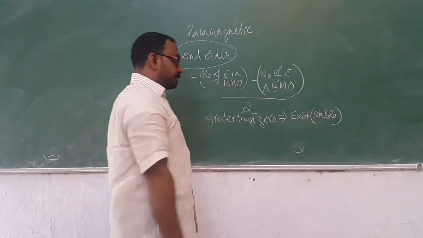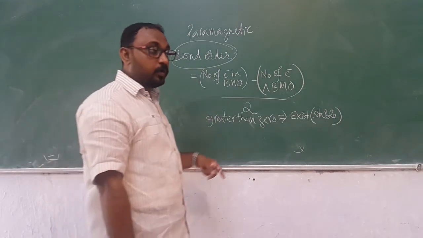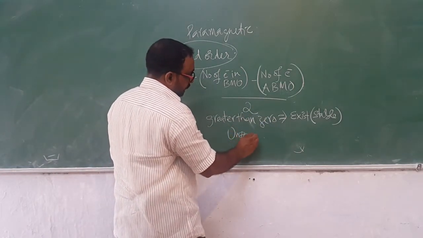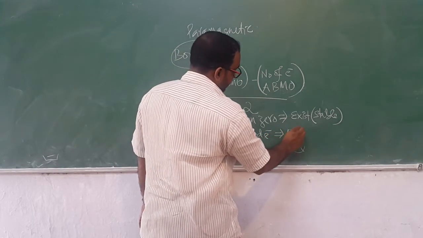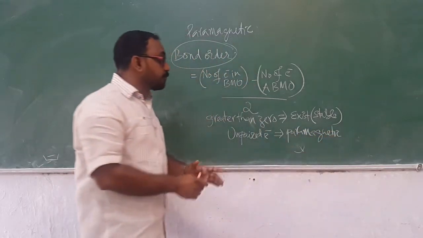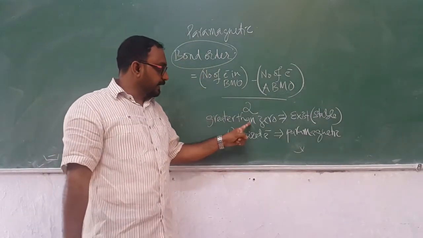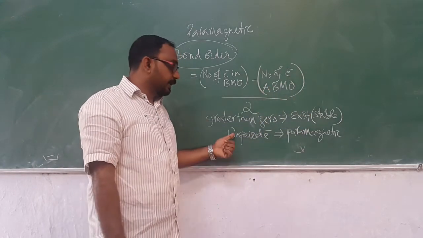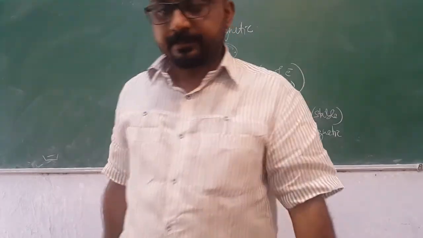And the second one is, when you draw the molecular orbital diagram, if there is an unpaired electron, that is paramagnetic. These are the two important outcomes of molecular orbital theory. If bond order is greater than 0, the molecule could exist. I'll show you how to calculate. And if there is an unpaired electron, the molecule will be paramagnetic.